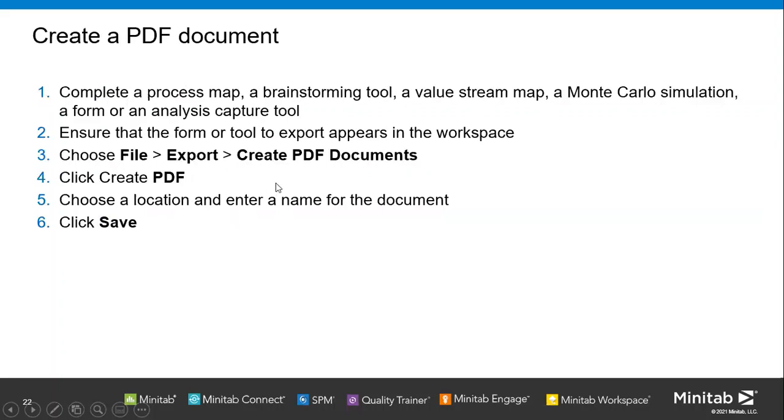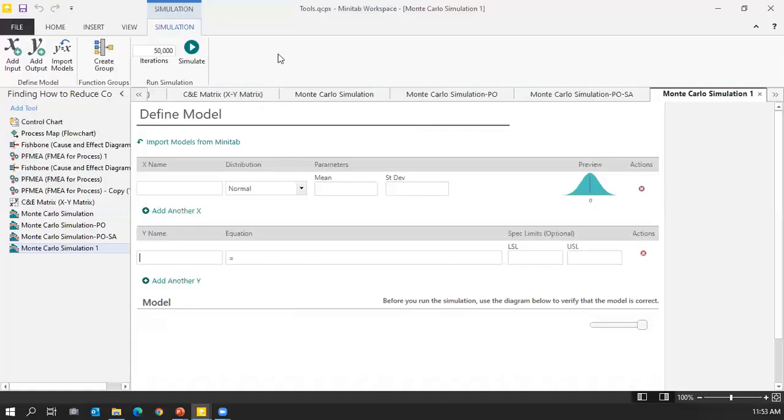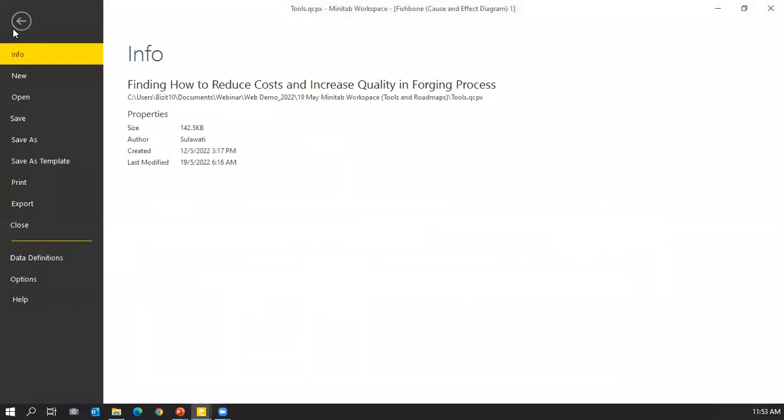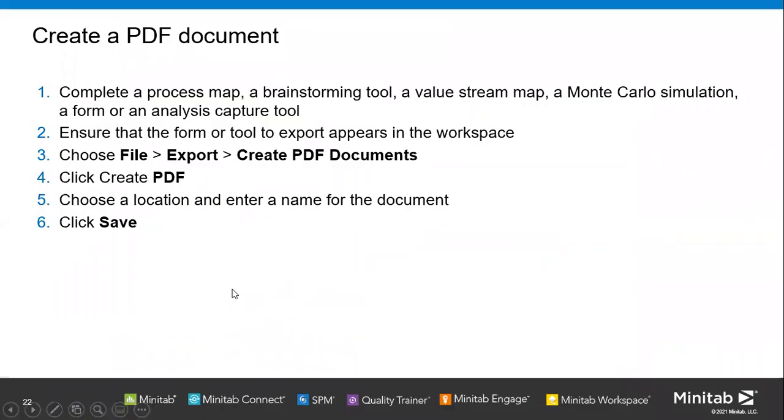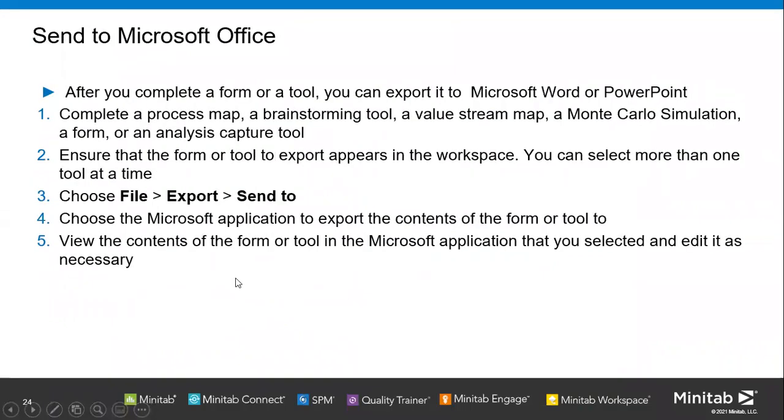You just go to File, maybe you can export. Maybe you can save as a template or save as. So you can save all of this, and then you can send to Microsoft Office.